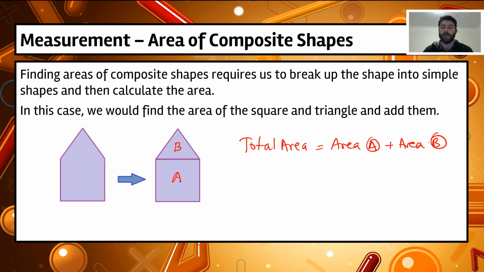You might label that with triangle and square, so that would equal the area of the square plus the area of the triangle. It doesn't matter, you could label them 1 and 2. We generally would label them to break them down into the smaller parts.